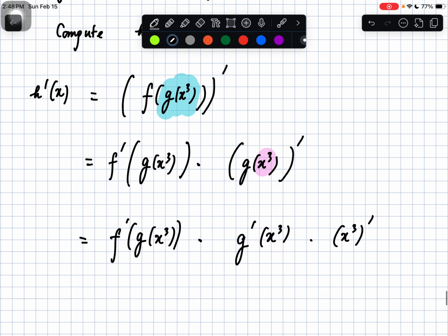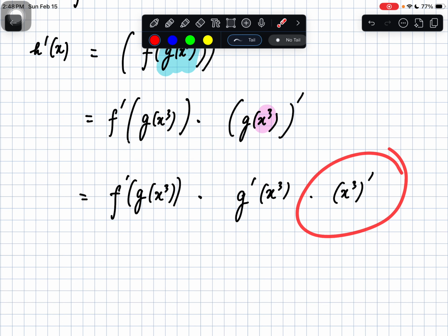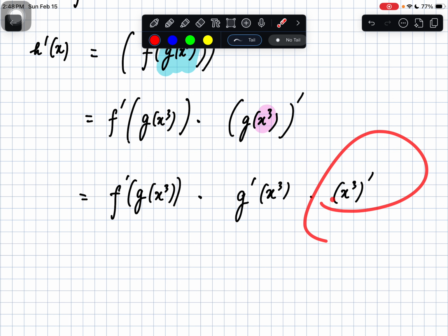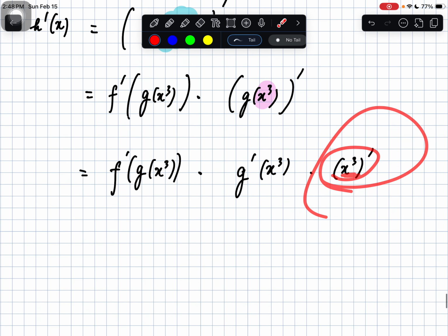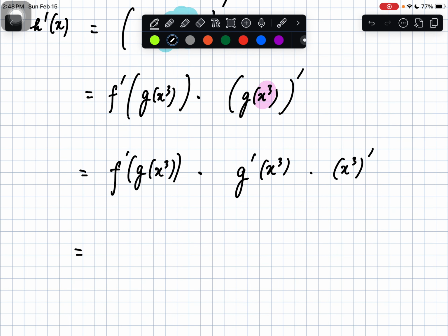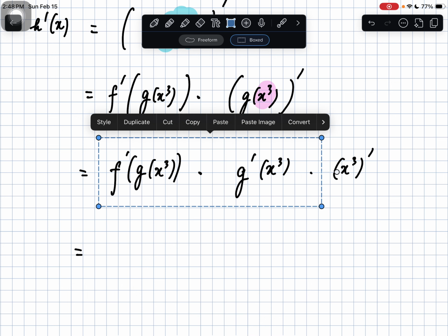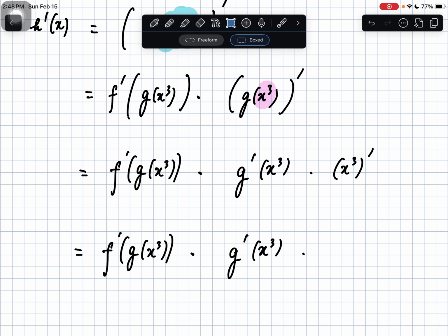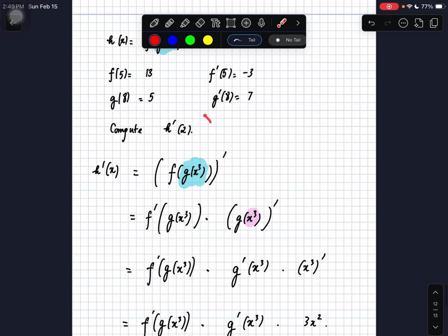So here we finish the chain. It's only d/dx of this one in terms of x. So now you have these two terms times 3x squared. They ask us to compute h'(2).